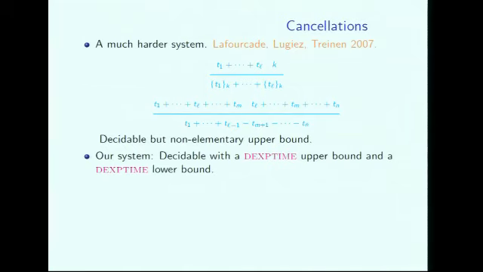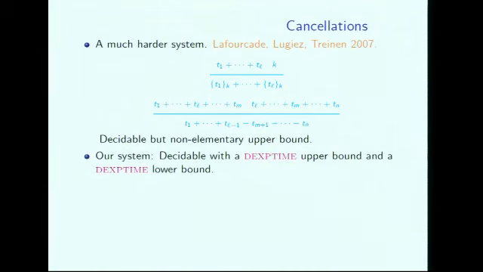But then there is a much harder system. If you allow things like cancellations, and there is a sum operator that you can define, they have a system where if you have two sums and there is a common term, you can cancel it. This happens for instance when you use exclusive OR as a means of encryption, which is a standard operator that has properties of this kind.